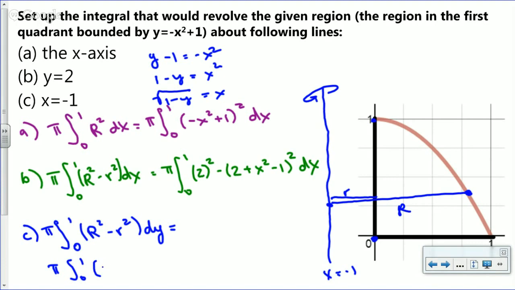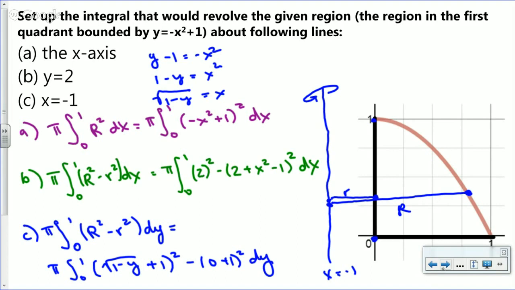So we have the square root of 1 minus y plus 1 squared minus, for little r, right minus left, I'd have 0, right, minus negative 1, or 0 plus 1, or just 1 squared dy.